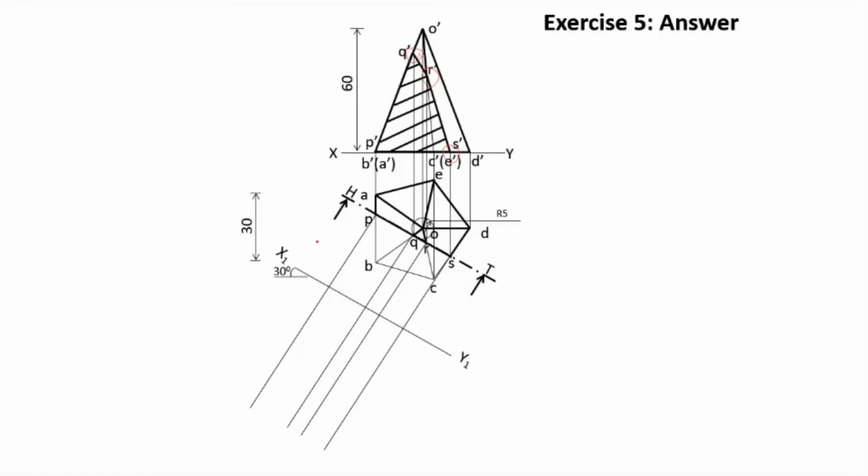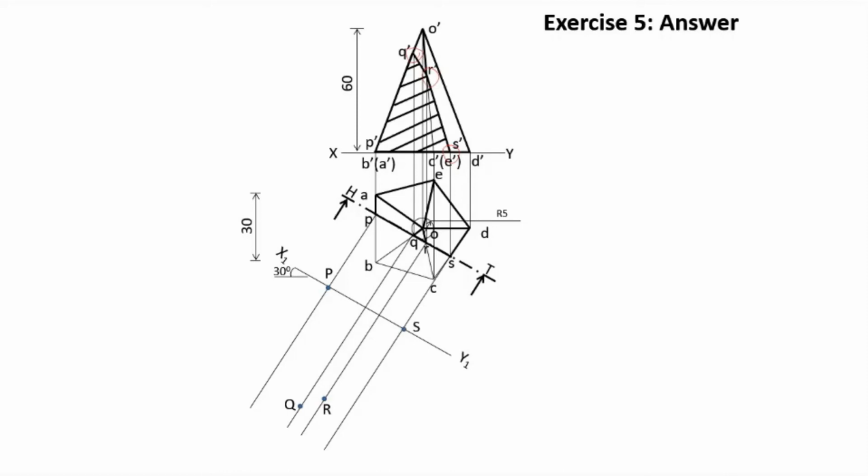Now in order to get the point P, the distance of P dash from XY line, that is 0, is marked here. So that is the point P. In order to get Q, the distance of Q dash from XY line is taken and marked in the projector through Q. So that is Q. Likewise, R is marked and finally S is marked.